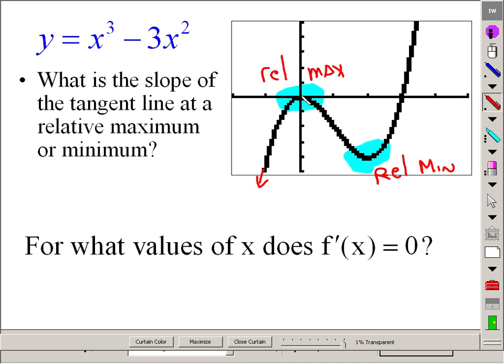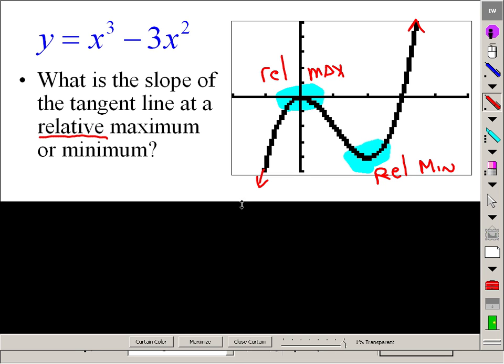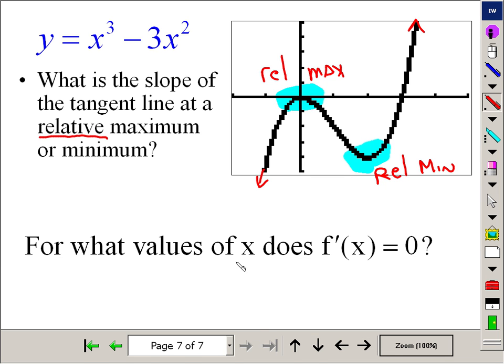The lowest point, again, is negative infinity, and this is not the highest point. The highest point is positive infinity. But instead, if we only look at that one little area, if we only look right here, that's the highest point. Or if we only look over here, that's the lowest point. That's what I mean by a relative maximum or a relative minimum.